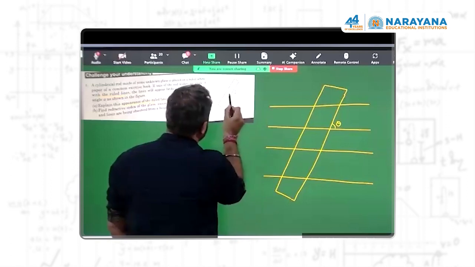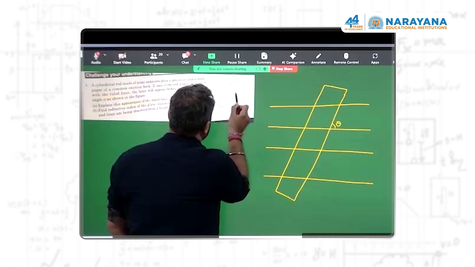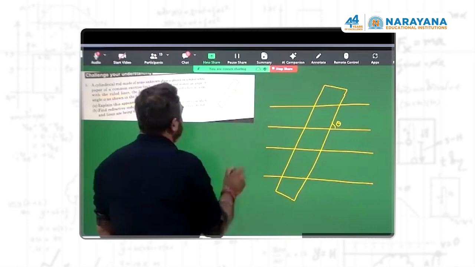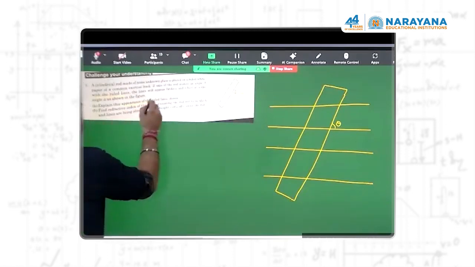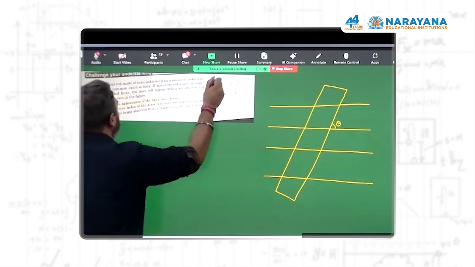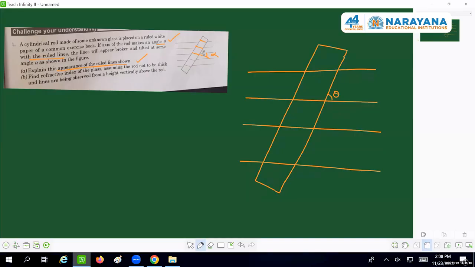You can see in the diagram, they are saying they are broken and they are at an angle of alpha with the horizontal, alpha downwards. So the matter of fact is, in the problem, he has given you the value of theta and the appearing lines are at an angle of alpha, and we need to find out the refractive index mu of the solid cylinder.